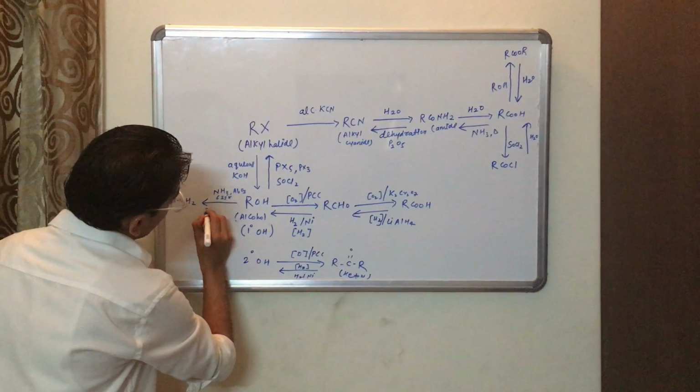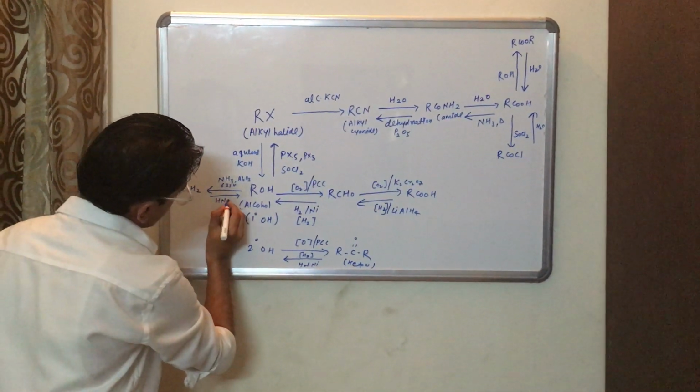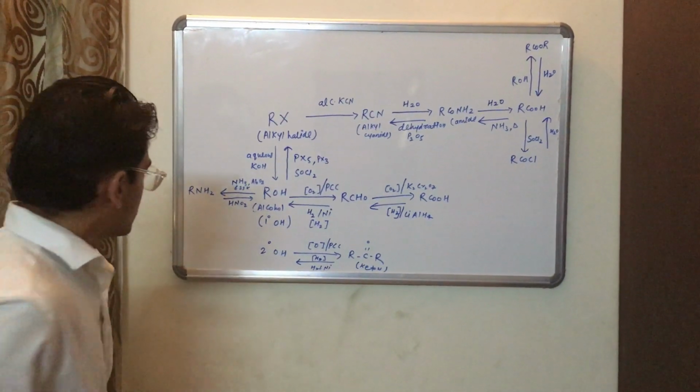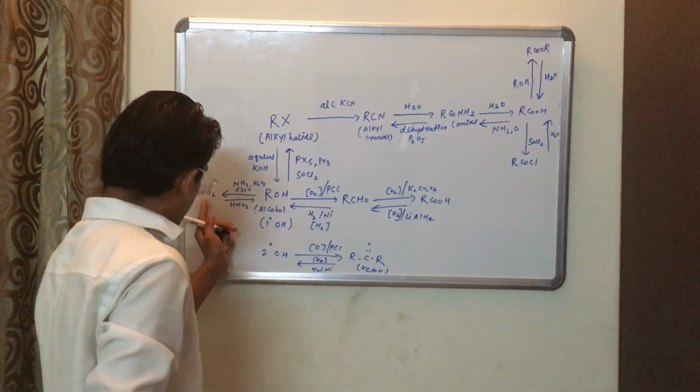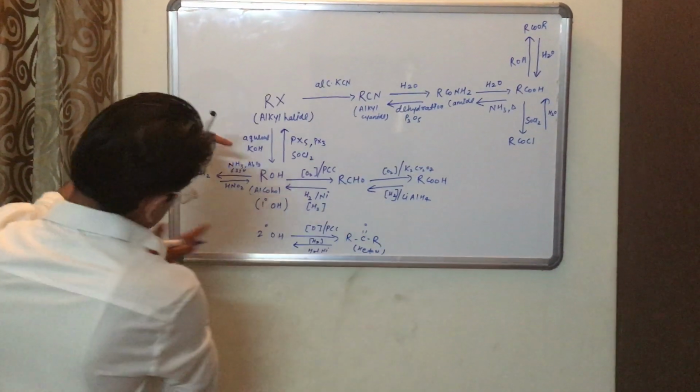And from amine, if I want to obtain alcohol, then I have to add nitrous acid, HNO2. This is the process for obtaining amine, and from amine, if I want to obtain alcohol, the sequence.